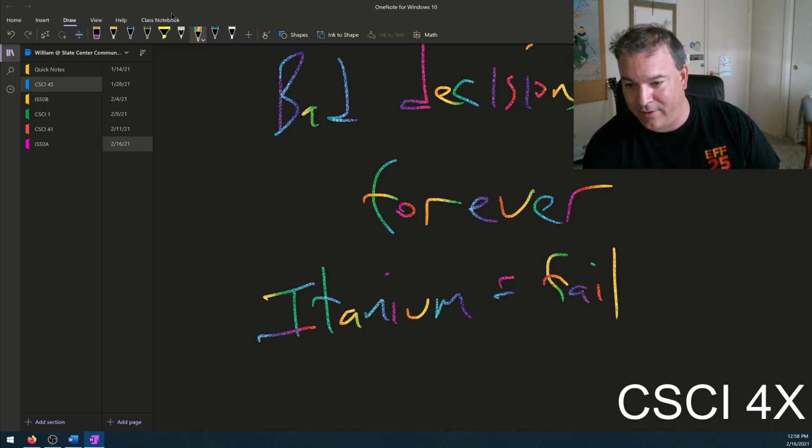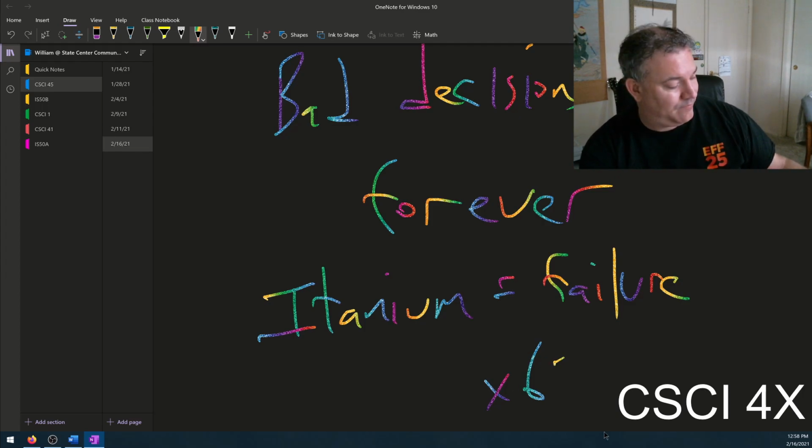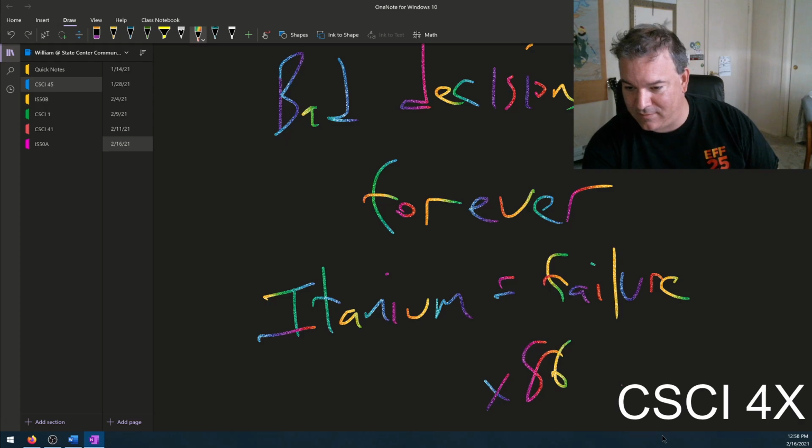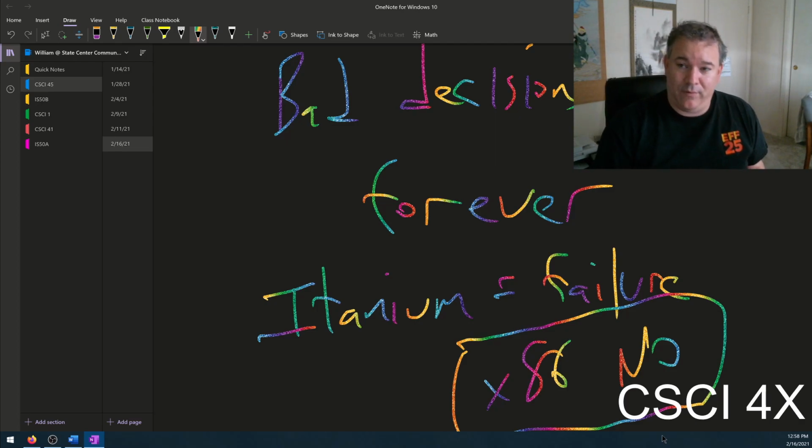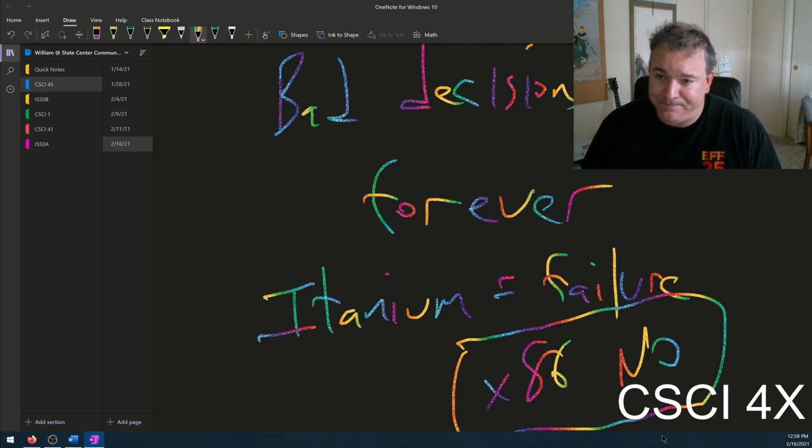And the reason why it was a failure is because it could not run x86. It could not run any program that was compiled for x86. So Intel's like, just recompile your code, bro.